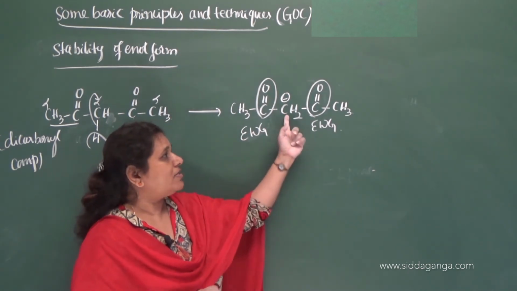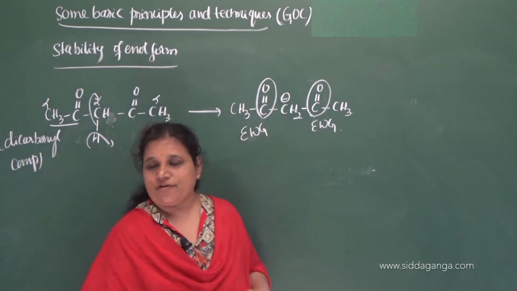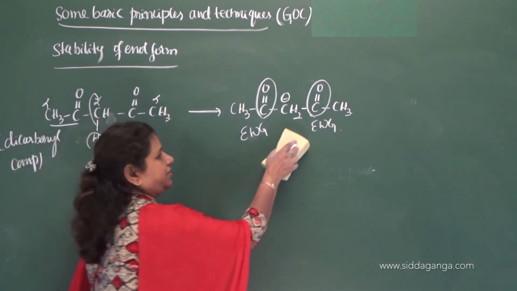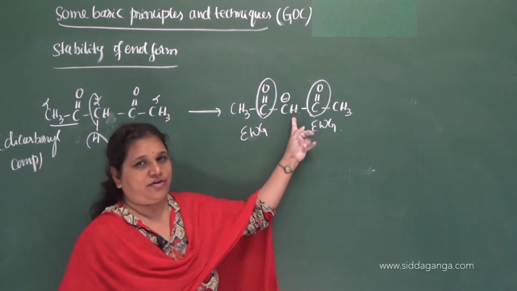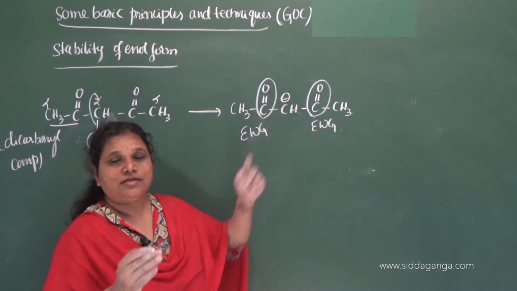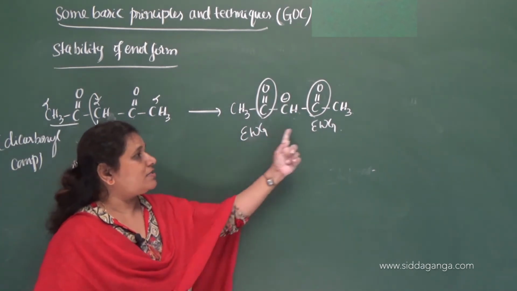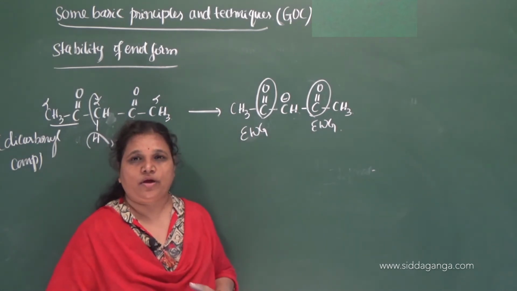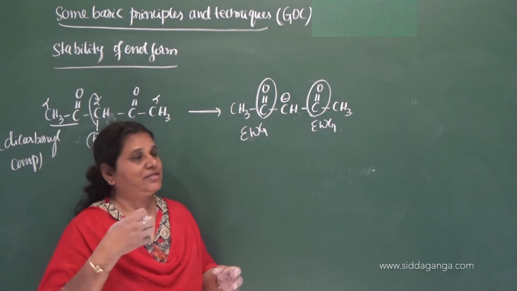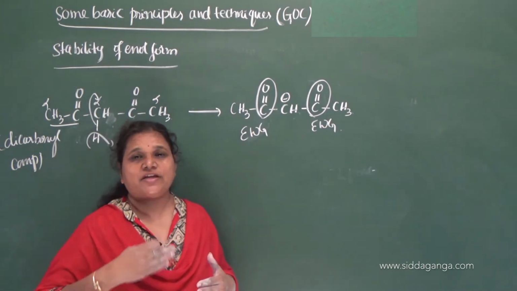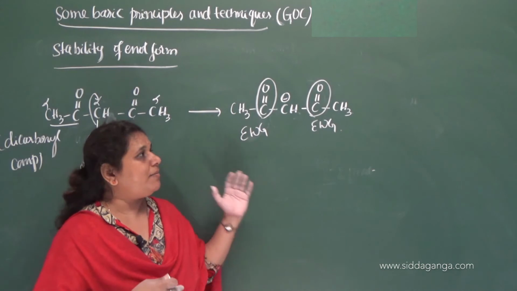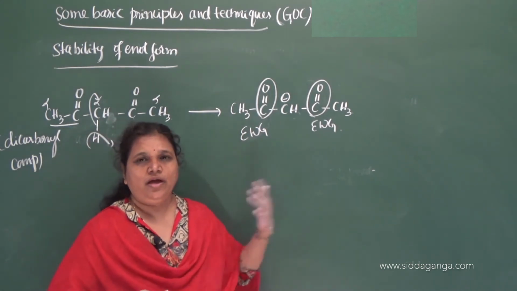But because of the migration of this alpha hydrogen, this anion is more stable because of two electron withdrawing groups. One takes the electron, the second group also takes the electron, thereby diminishing of the negative charge is more, and stability of the anion also increases.